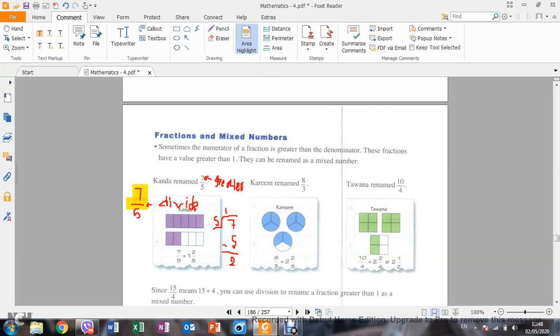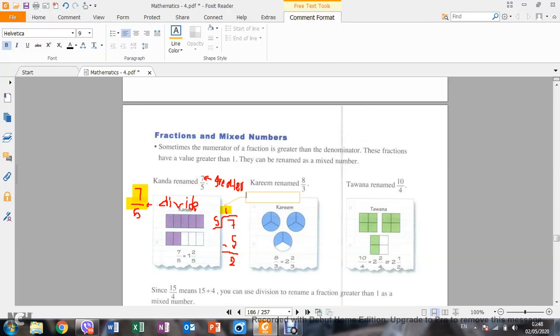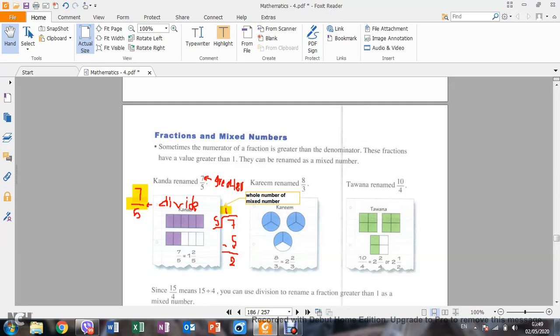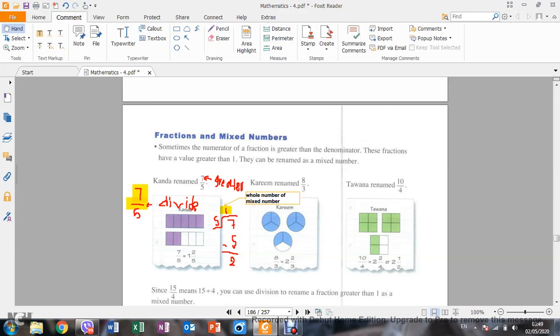Look, our quotient is 1. This one is a whole number, the whole number of the mixed number. 1 is the whole number of the mixed number, so our whole number is 1.